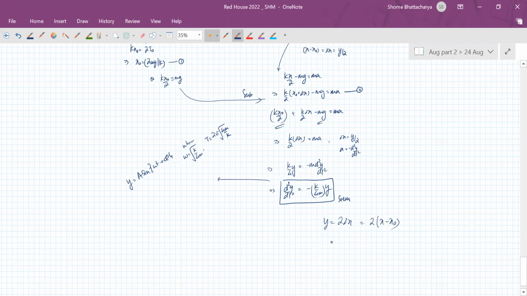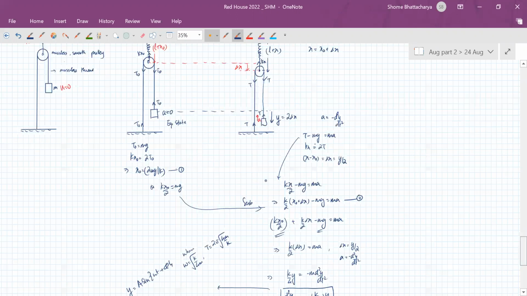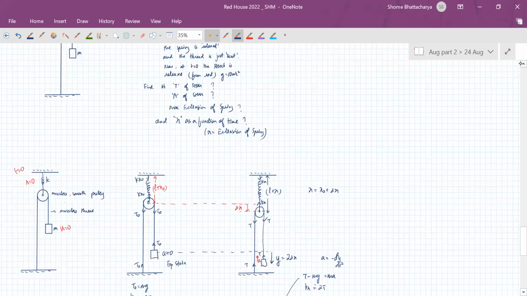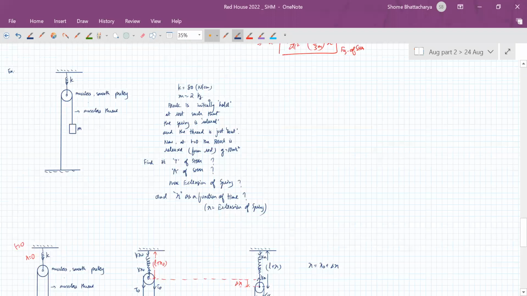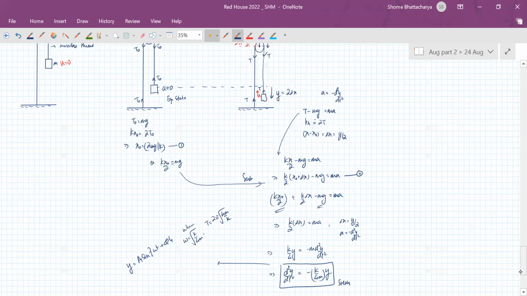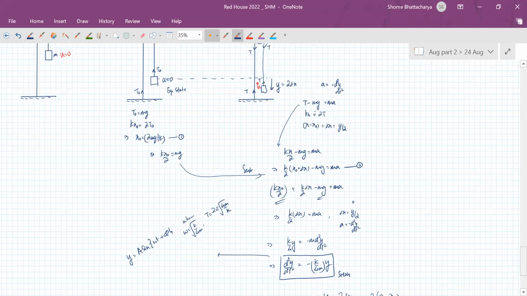Okay, so x naught, remember, was, so what was the value of the spring constant? Let's pick up those things. 80 newtons per centimeter and m is 2 kg. Okay, so x naught is 2 mg by k.